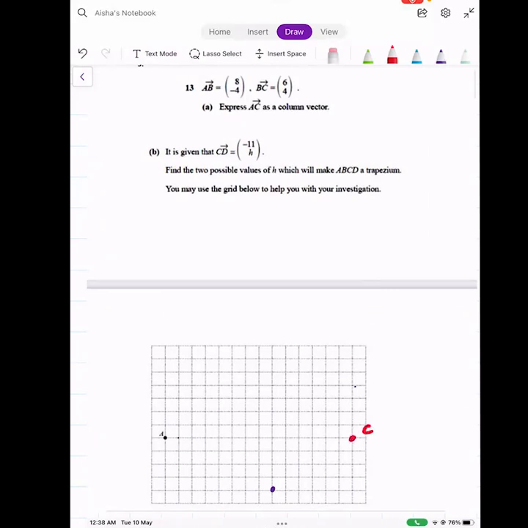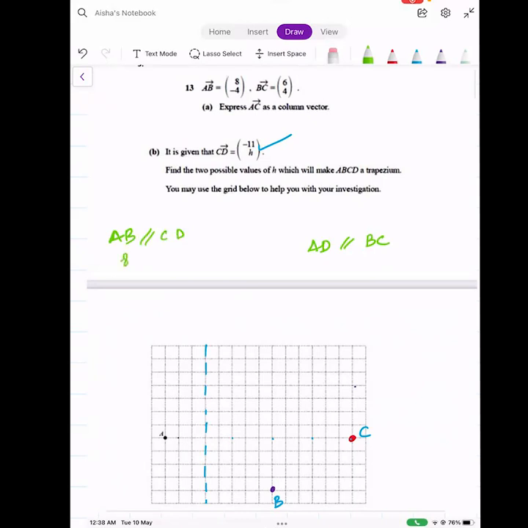This is C. Now they want you to make it a trapezium, but CD is minus 11, 8. So this is the line where D point will lie, such that AD is parallel to BC, and the next time AB is parallel to CD.